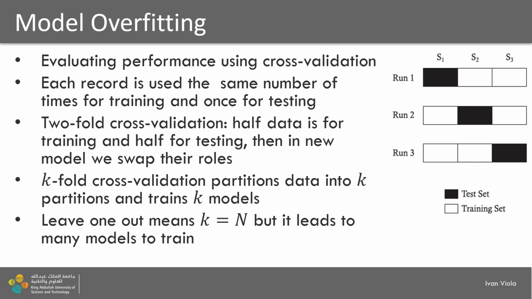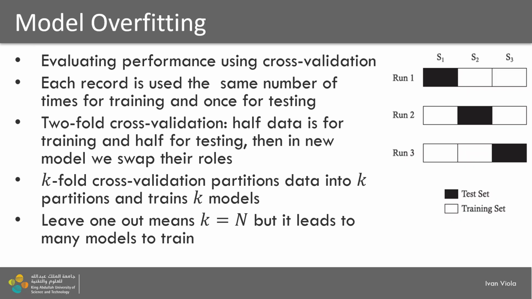And this is entirely fine, because the model we create will never see the test data before the actual test, so it's not trained on that. This is twofold cross-validation, where the training data is used once and the test data is also used once.